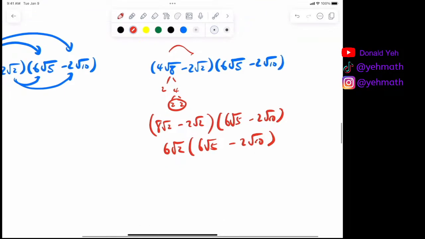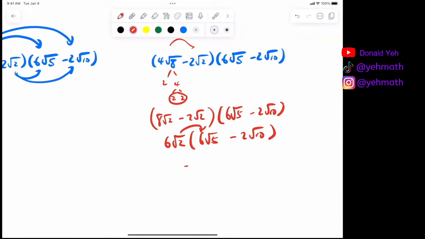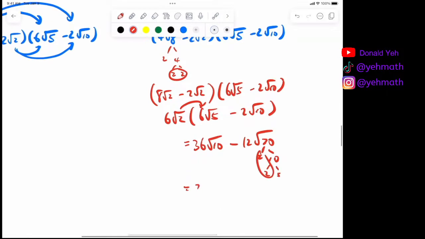Good. Okay, so now I'm going to distribute here. That's going to be 36 root 10 minus 12 root 20. Now 20 can simplify down more: that's going to be 2, 10, and 2, 5. You can take out 2. So the correct answer would be 36 root 10 minus 24 root 5. Is that okay? Okay, good.